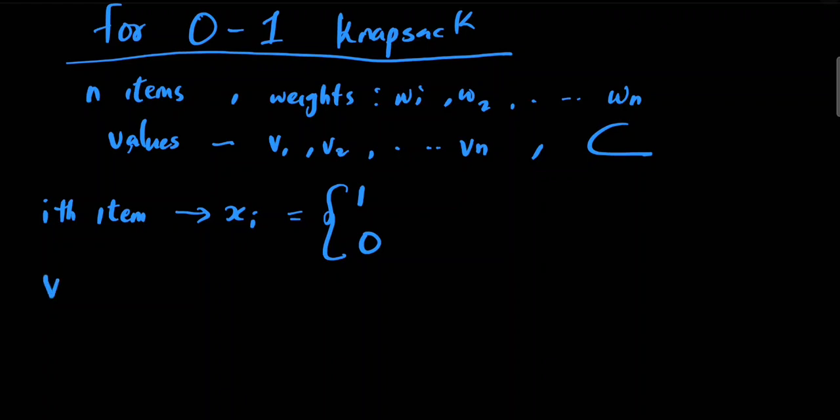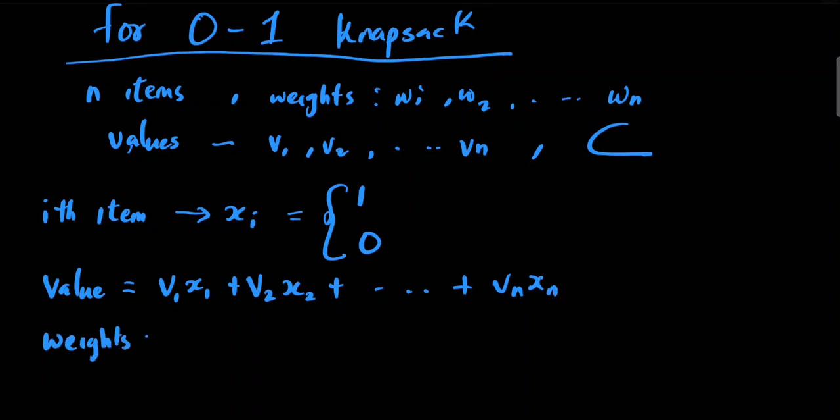Our value in this case would be V1 X1 plus V2 X2 all the way to Vn Xn. And our weights would be W1 X1 plus W2 X2 all the way to Wn Xn.